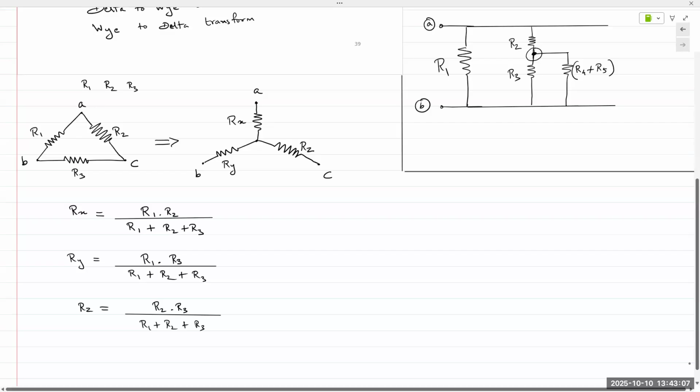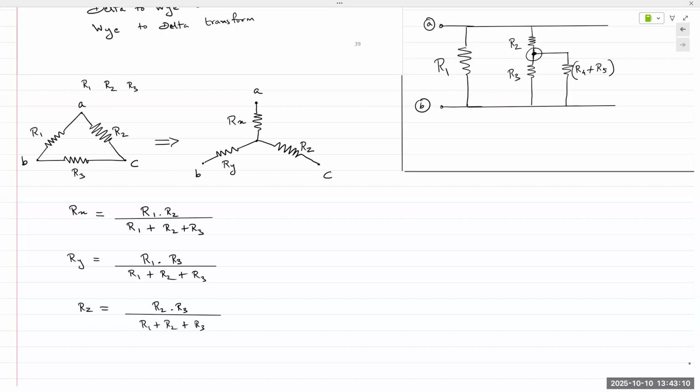And so if we ever have a circuit with this kind of connection, we can transform it from delta to Y. If we perform this transform on the circuit above, this is what we can do.